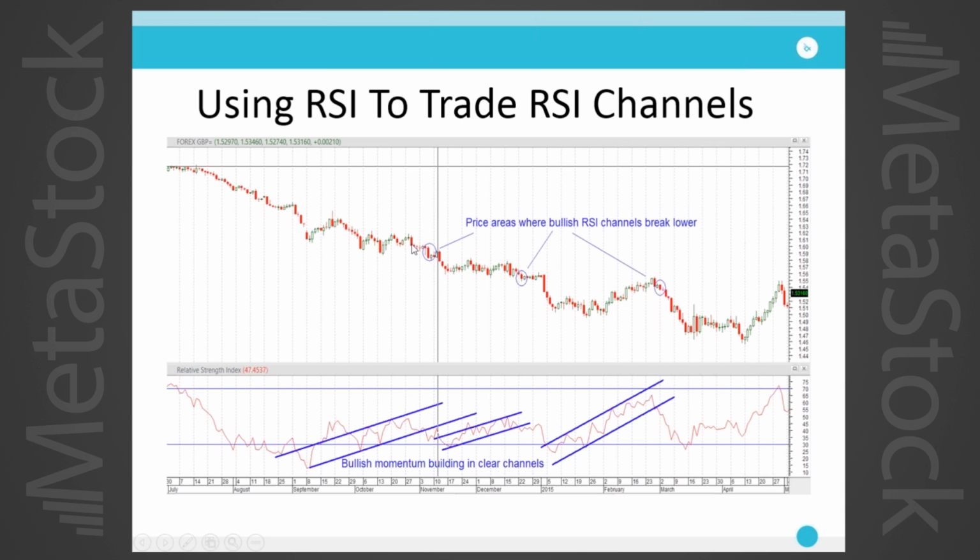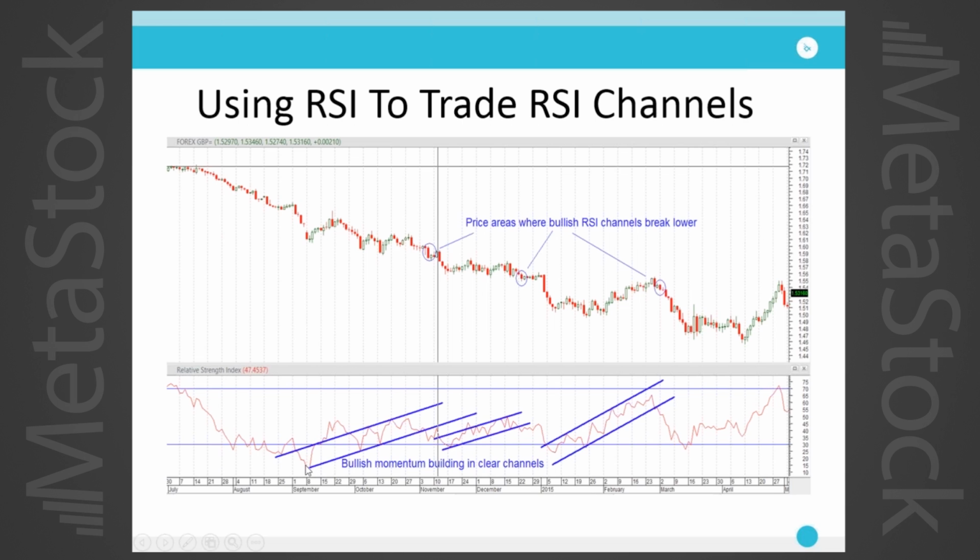So in this example, again using sterling dollar, we can see that as price was moving within this broad downtrend, instead of RSI moving lower in tandem with price, confirming the bearish move. So you can see initially when price was selling off here, RSI was hammering to the downside, pushing lower and lower, confirming to us that there was increased bearish momentum in the market, and price was likely to continue lower.